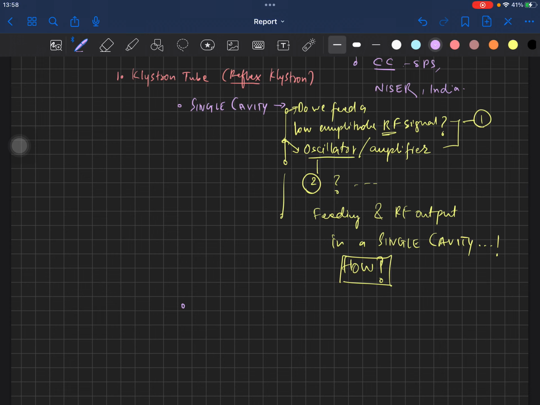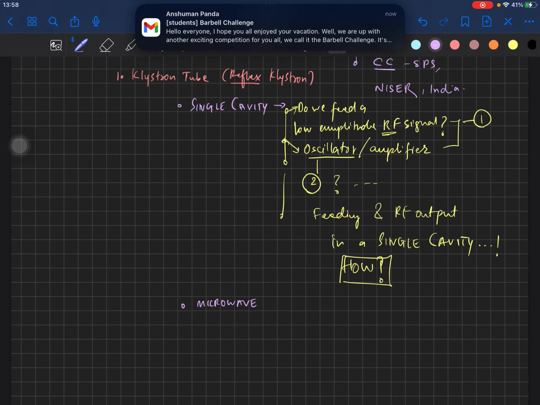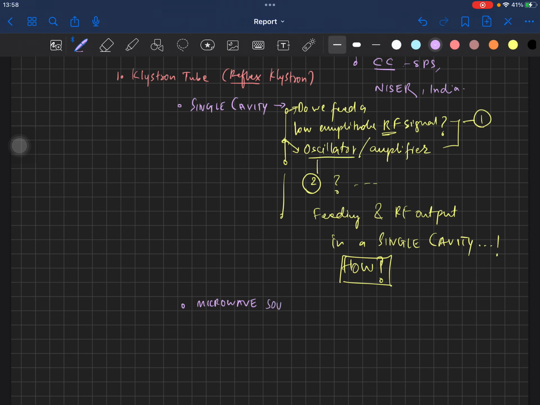How is your microwave being generated? Like, is it a microwave source? I mean, yeah, something like that. So, is it like this?